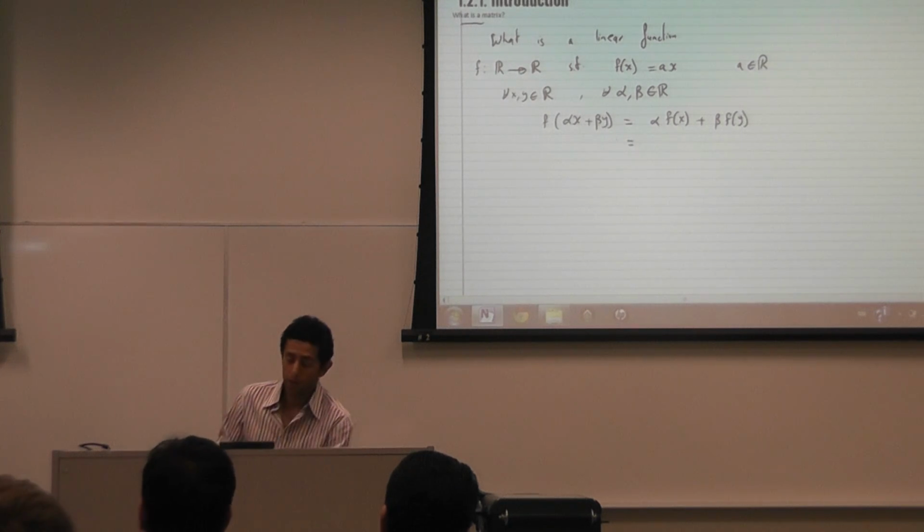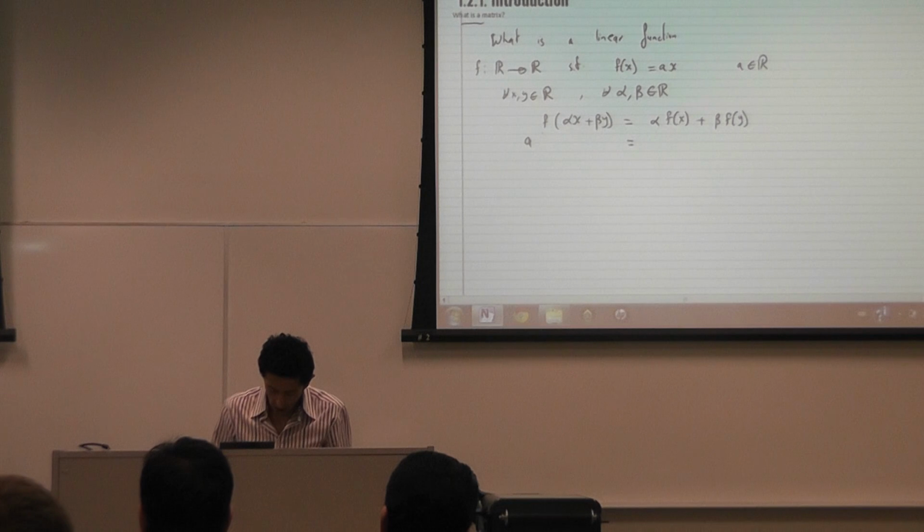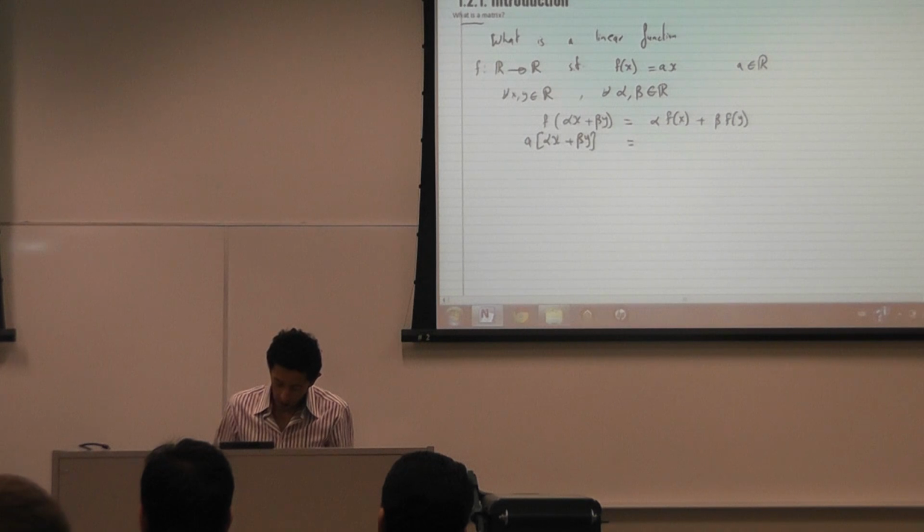Because f of alpha x plus beta y is equal to a multiplied by alpha x plus beta y. Because of the linearity of the operation, I can write it as alpha a x plus beta a y, which is basically alpha f of x plus beta f of y.